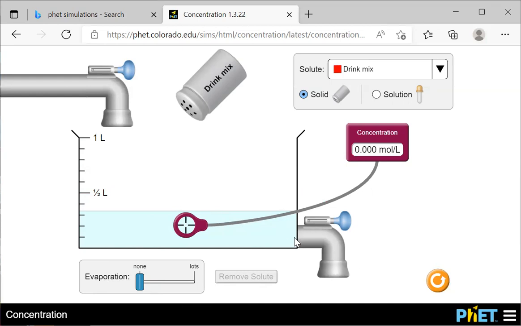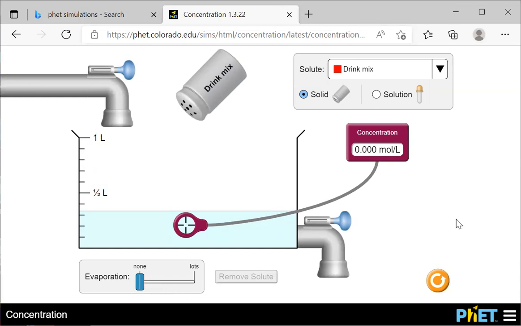Understand that opening the faucet attached to the container or utilizing the evaporation slide, as you're going to see in this lab, have different effects on the overall solution.